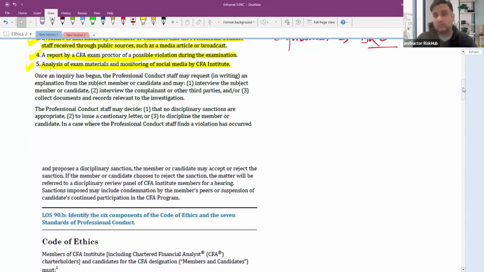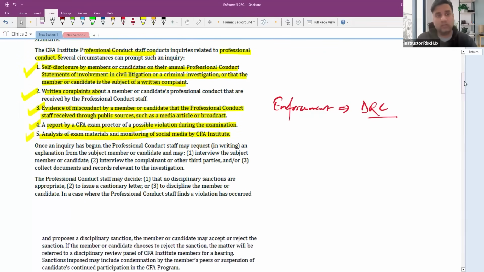Then the question comes, which we taught here: what triggers an investigation, which I told you, right? Self-disclosure: members and candidates disclose involvement in civil litigation or criminal investigation. CFA expects self-reporting. If you're hiding, that is worse than admitting. Then you look at written complaints from clients, employers, colleagues. Anyone can complain, not just clients.